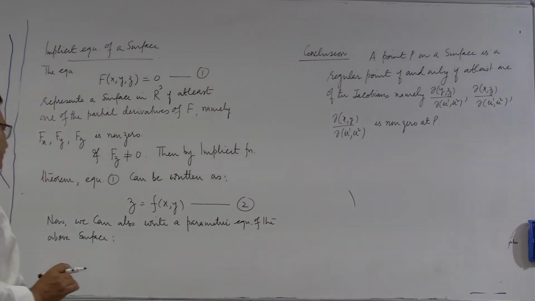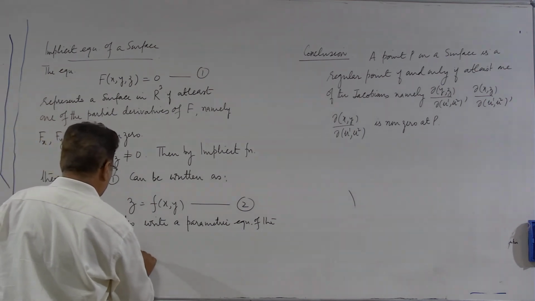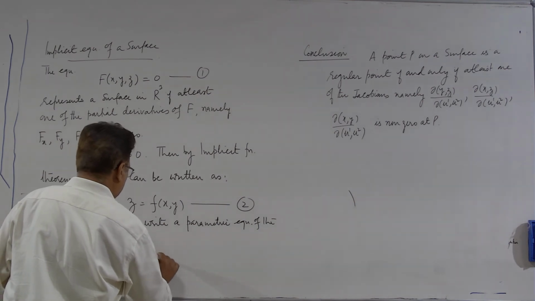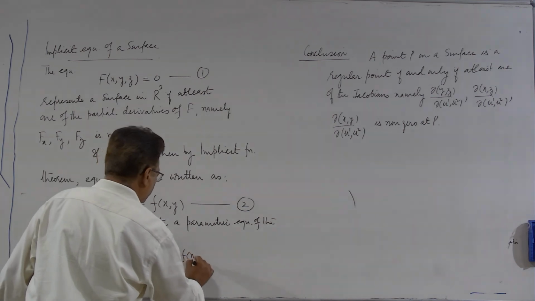How it is done? If I take x as parameter number 1, y as parameter number 2, then the vector valued function will be given by r equal to x, y, f of x y.